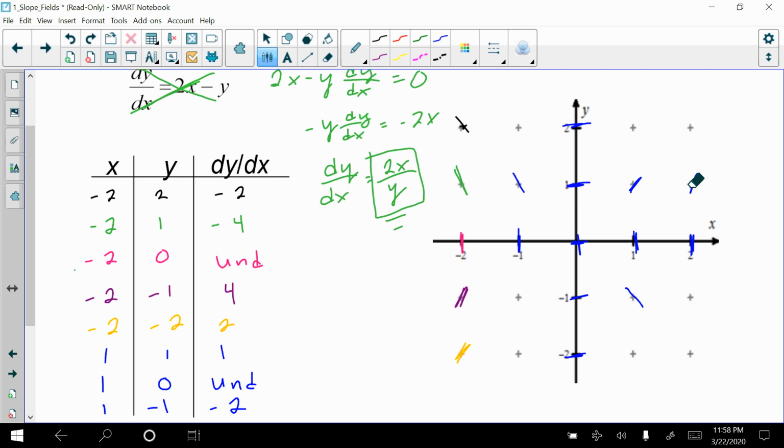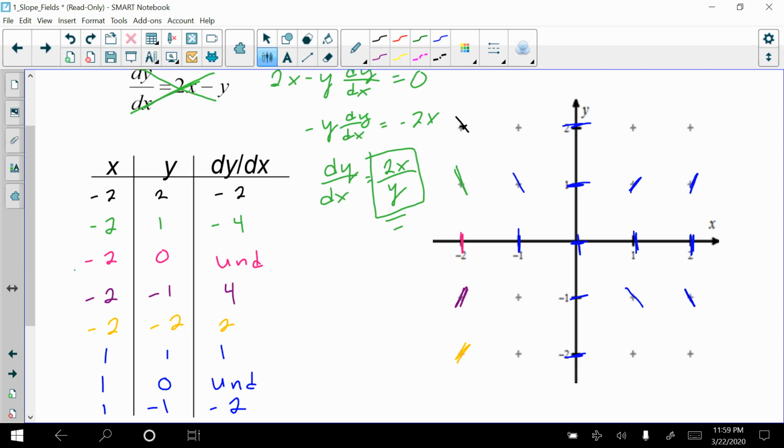Okay, so at negative 2 and negative 1, we had a slope of negative 4. I'm sorry, a positive 4, and so at positive 2 and negative 1, that should give me the flip of that. That should be about a negative 4.